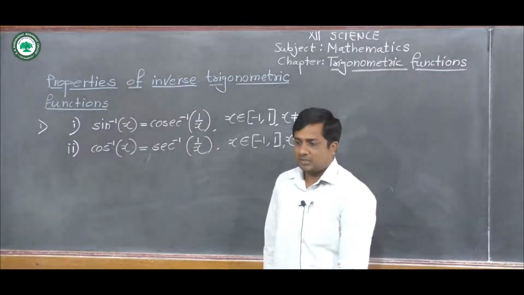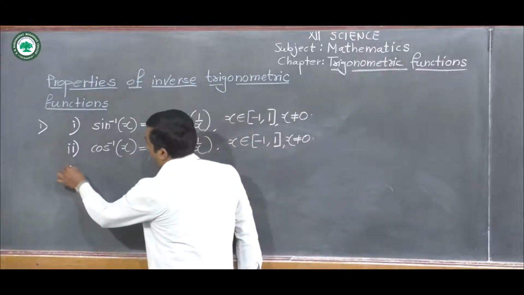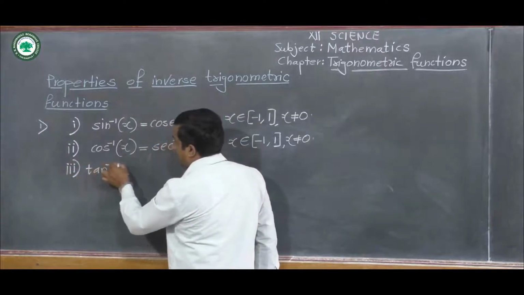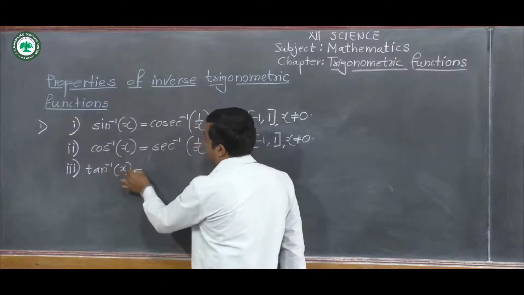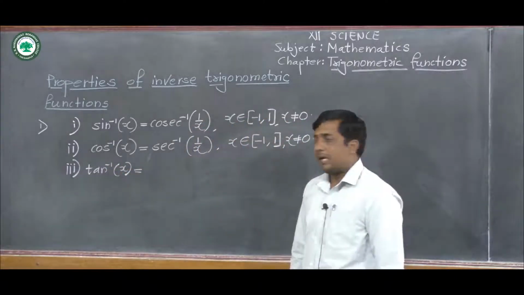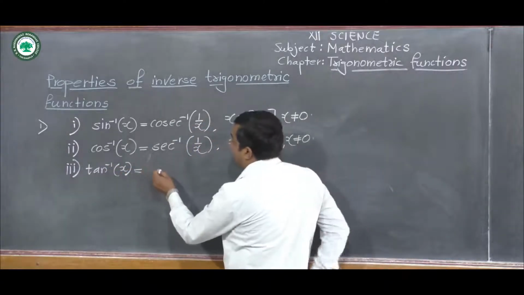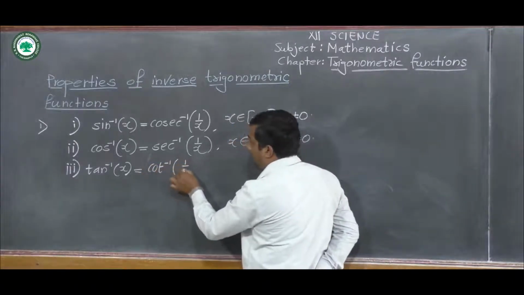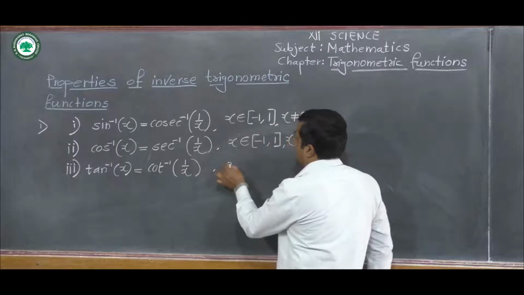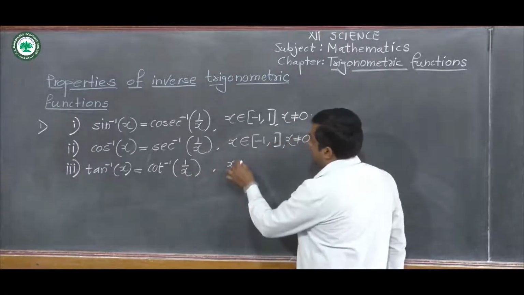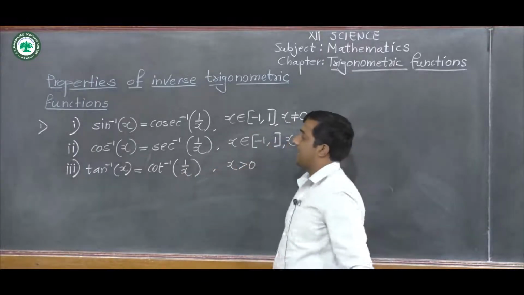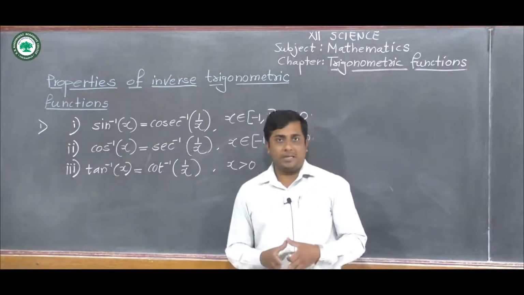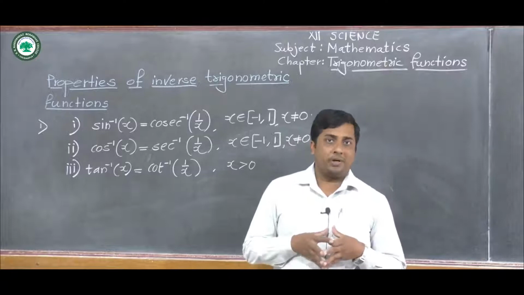Next, for tan inverse, in the third we consider tan inverse of x, which is equal to cot inverse of 1 upon x, where x is strictly greater than 0.